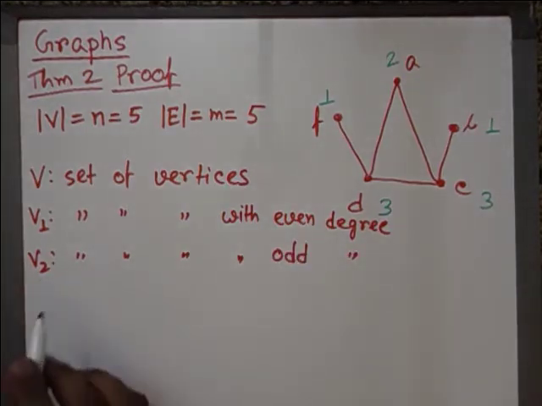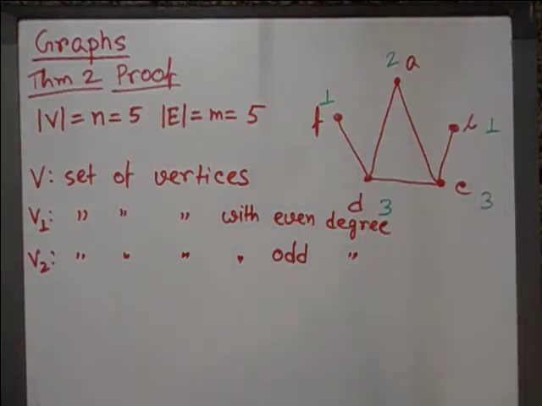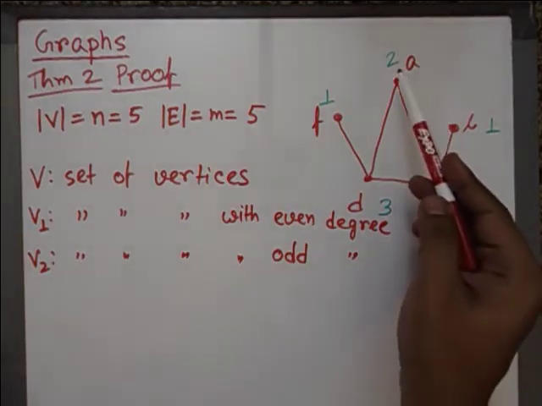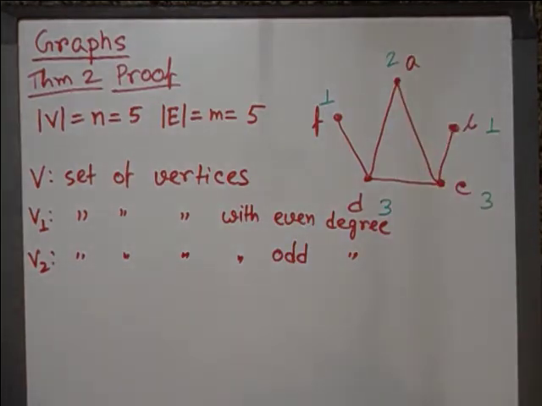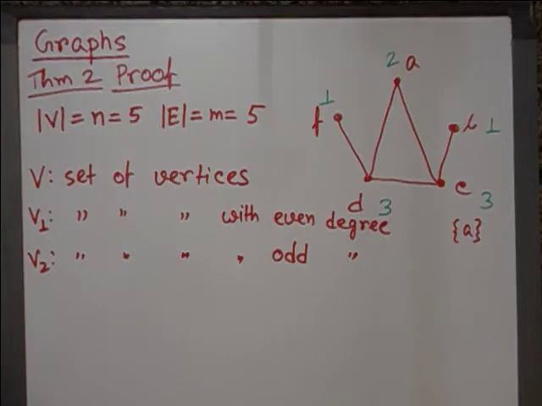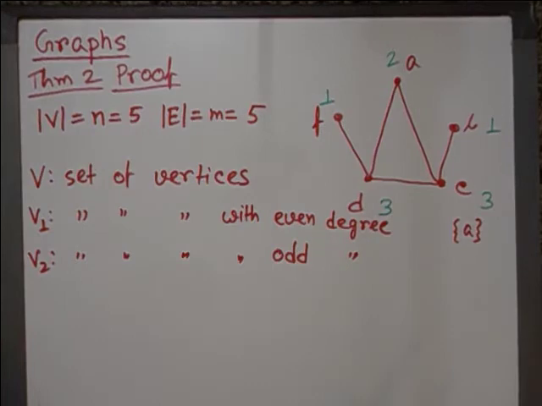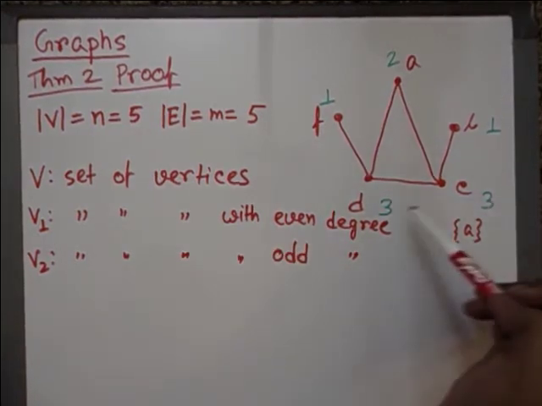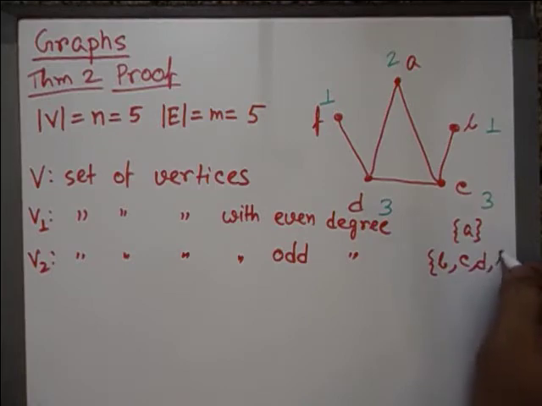What does that mean? In this example, what are the vertices with even degree? That means the degree is an even number. So A has degree 2, so A has even degree. So in this example, V1 consists of only one vertex, A, and all these other vertices B, C, D and F, their degree is an odd number, so they have odd degree. So in this example, V2 is B, C, D, F.